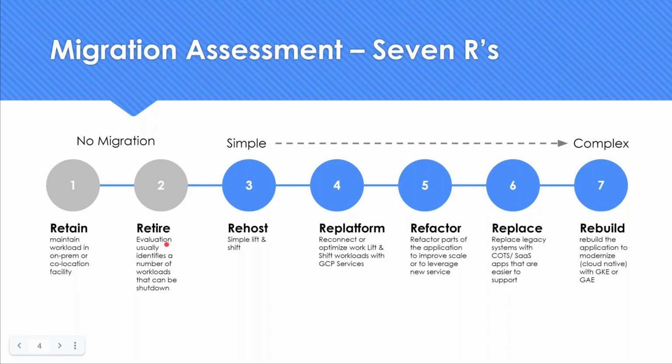The second type of R is retire your system. How do I identify it? By doing this assessment, I have figured out there are 2 servers in my entire on-premise data center which are not used at all.